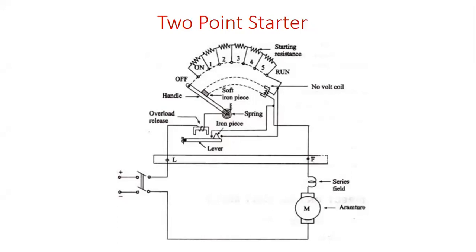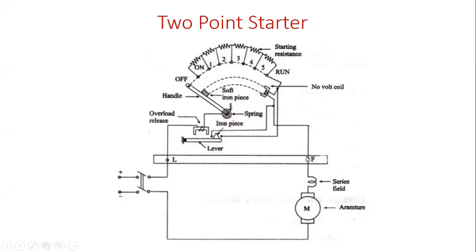But the second aim of the starter is to protect the DC motor when an overvoltage or overload current condition is available. Suppose this DC series motor is connected to a load of a high rating value, such that a huge amount of current is flowing through this field.